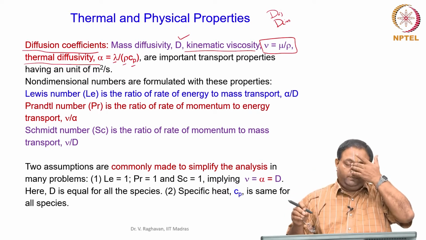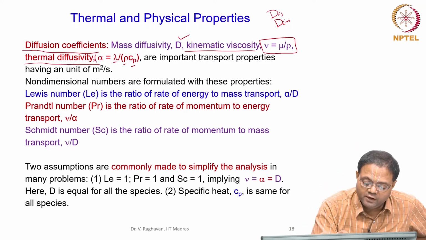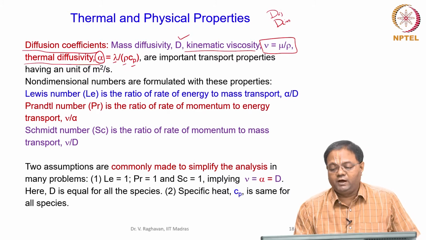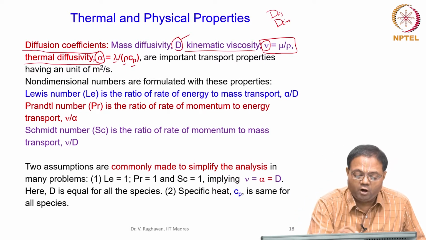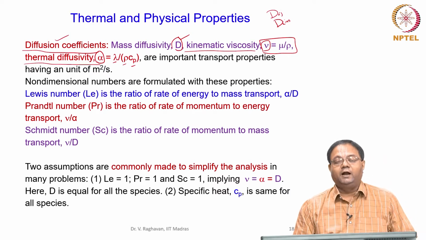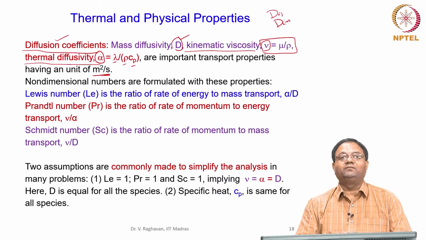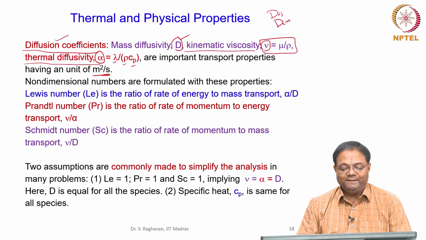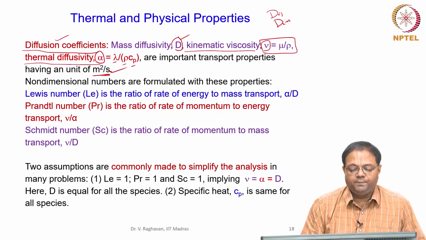So, lambda by rho Cp will be the thermal diffusivity, for which you designate the symbol alpha. So, nu, D and alpha are the diffusion coefficients, and the unit for them is meter square per second.